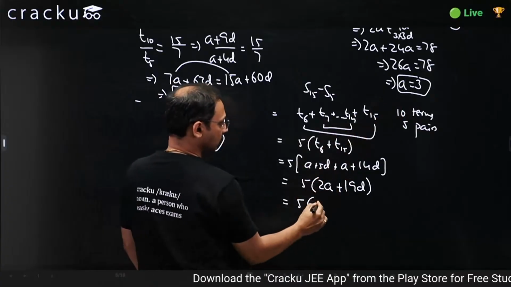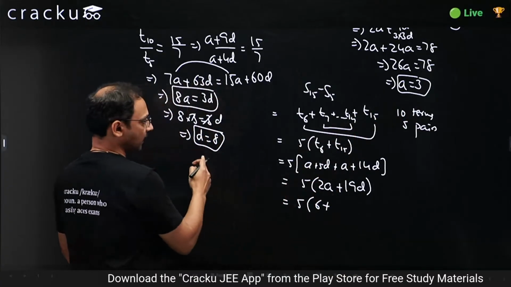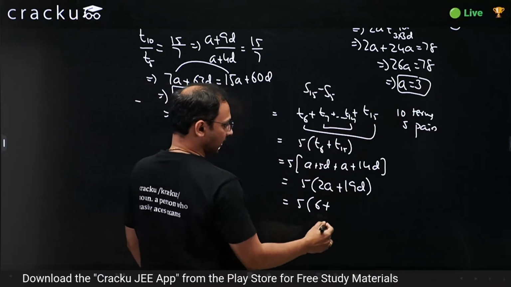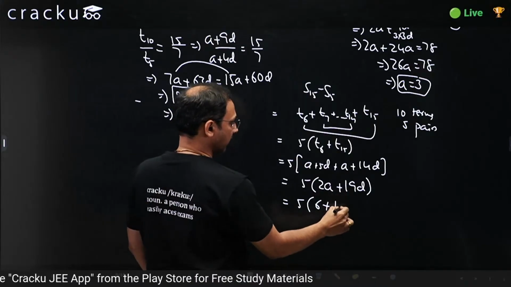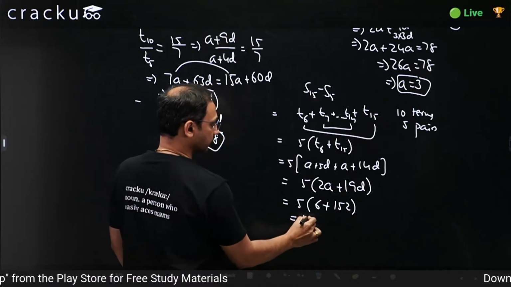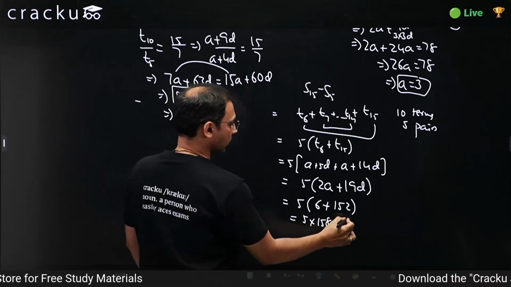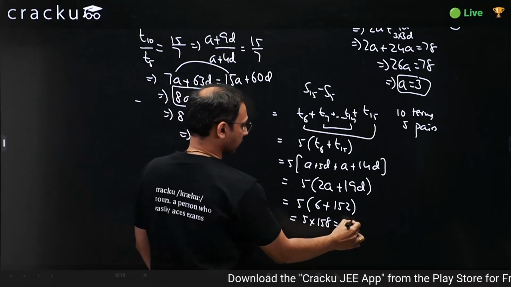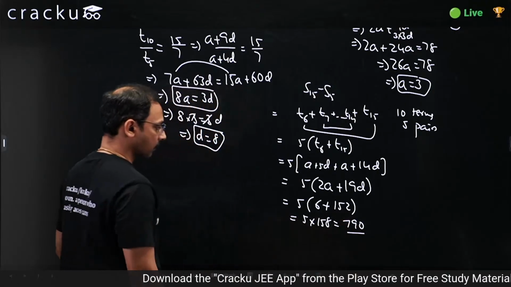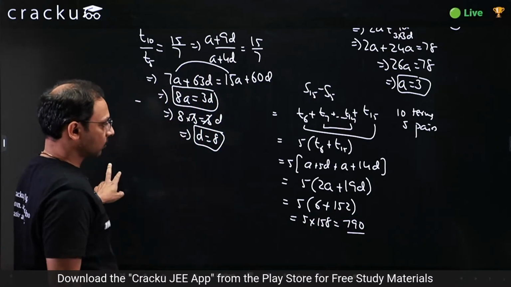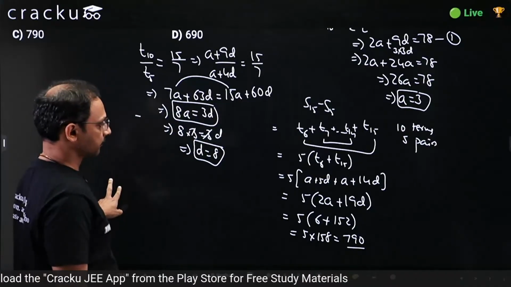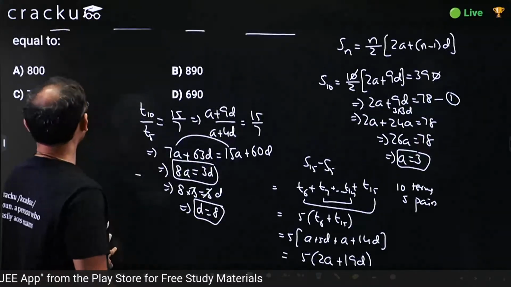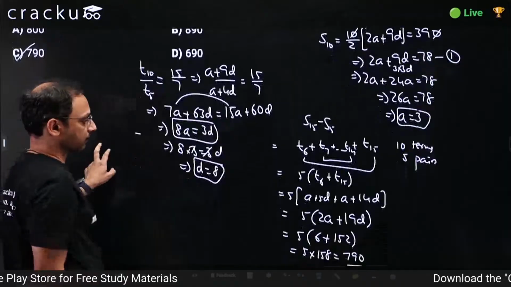A is 3, so this will be 6. D is 8. This will be 19 into 8. That would be 80 plus 72, 152. Or 5 into 158, that will be 790. Yeah. So 790, third option is the correct answer.